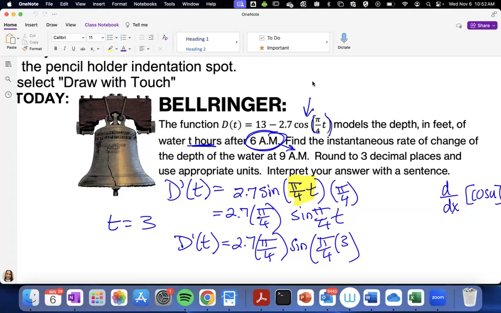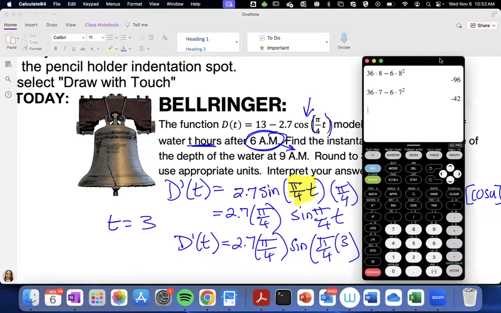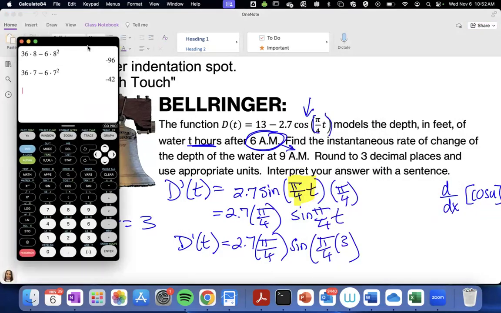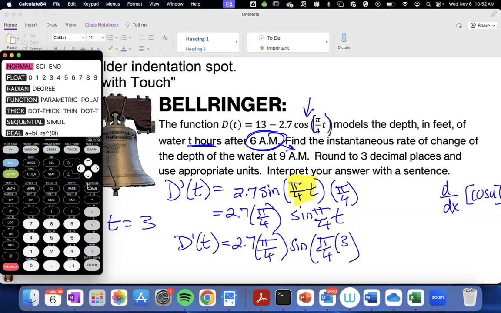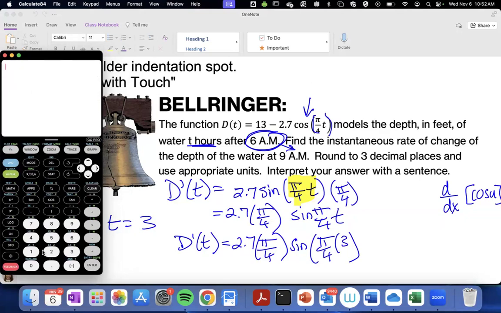What mode should I be in my calculator? Degrees or radians? It's in radians. There's no degree symbol, right? So pop your calculator in degrees. I mean, radians. Radians. And you're going to do 2.7 times pi over 4.